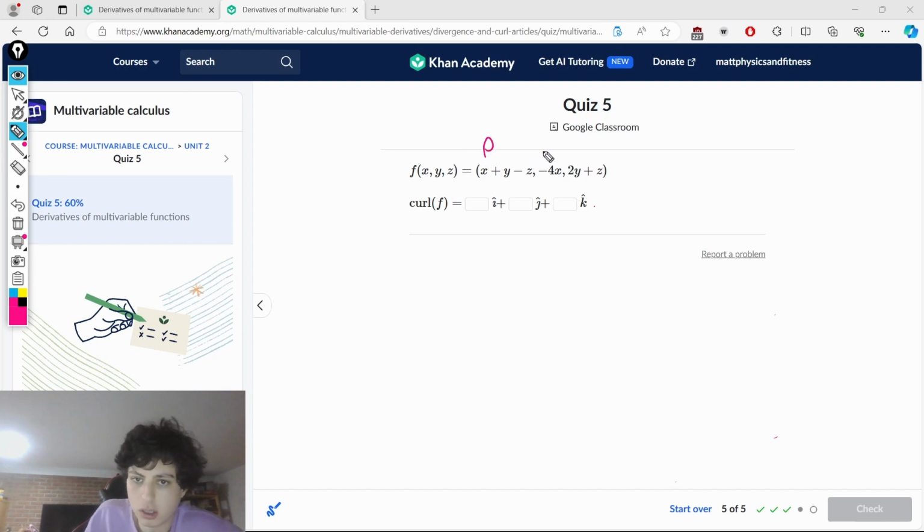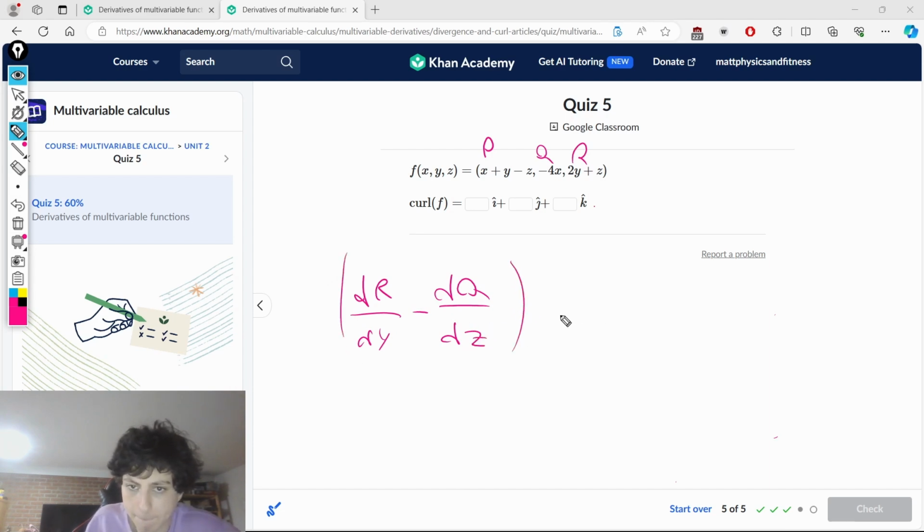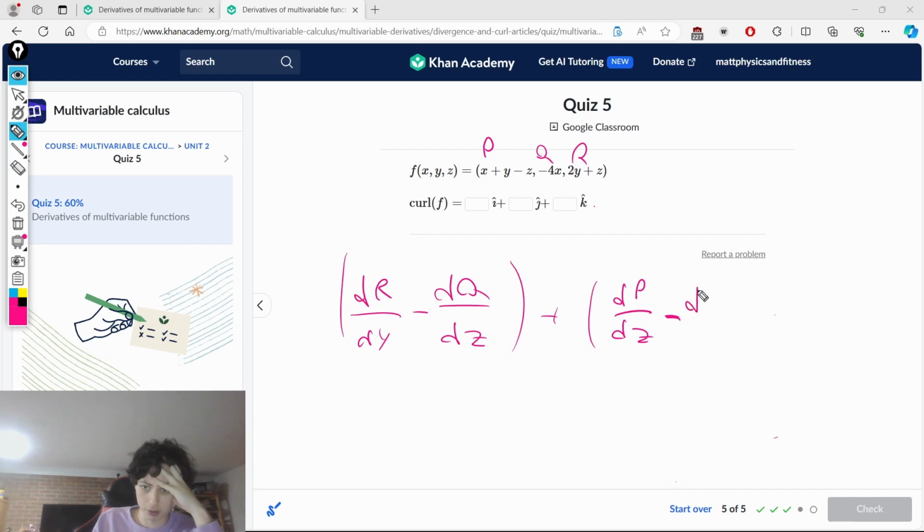Let's label these again. P, Q, R. I'm trying to visualize it in my head.